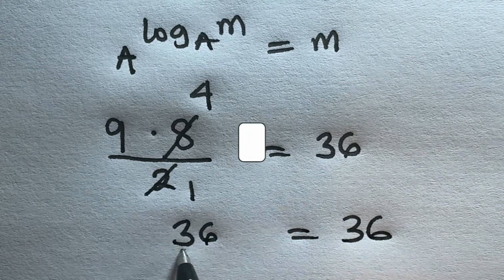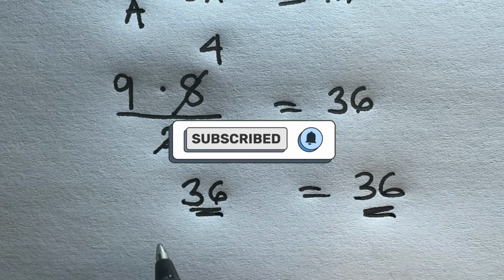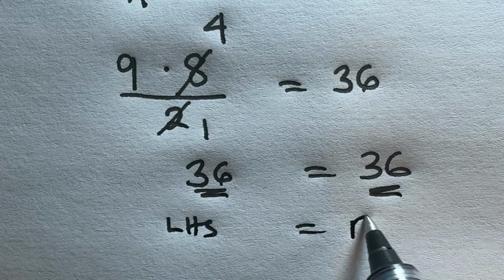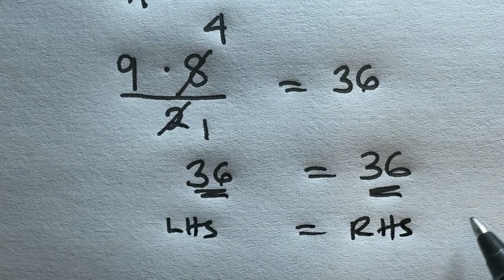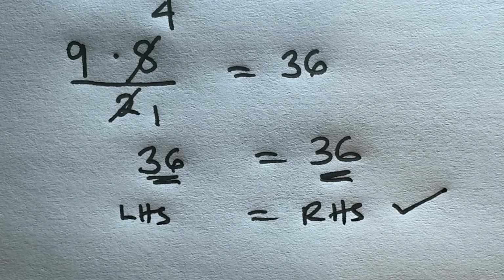So 36 is equal to 36, and the left hand side balances the right hand side. That confirms that the solution we got is perfectly correct. Thanks for watching.